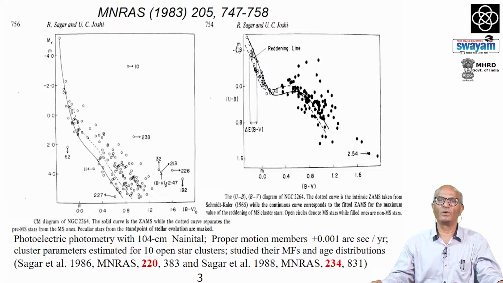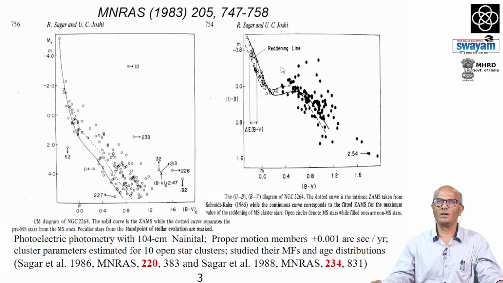As you can see, any reddened star will be displaced along a reddening line, that is the slope at which the star will be displaced if the interstellar extinction law is applied, which I will describe in the next slide.